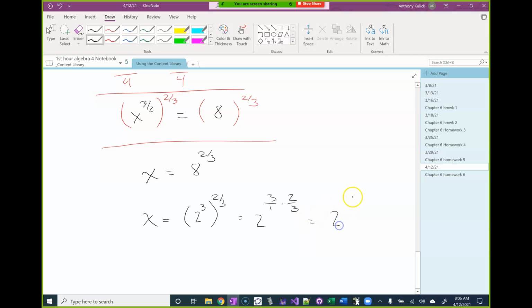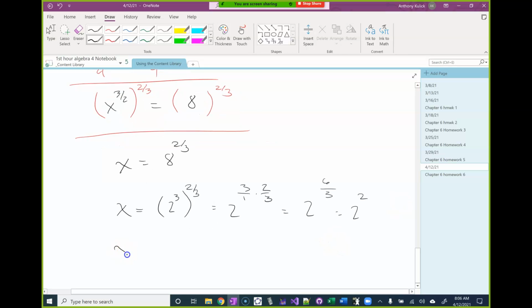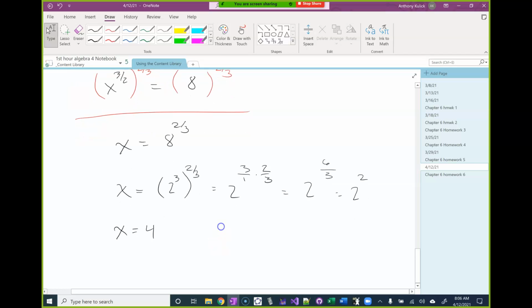And when we multiply exponents, they go straight across. And 6/3 reduces down to 2. And 2 squared is just 4. Everybody's okay there?